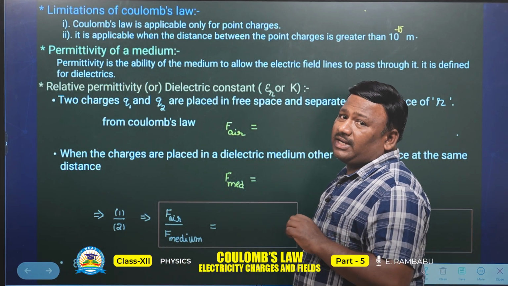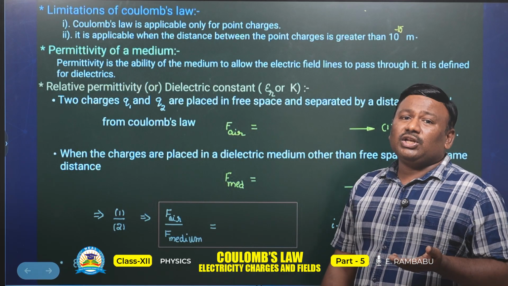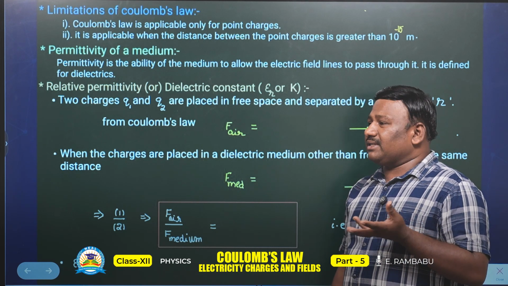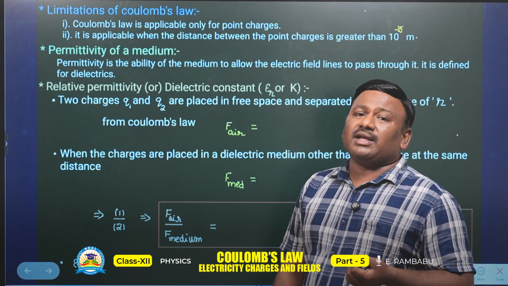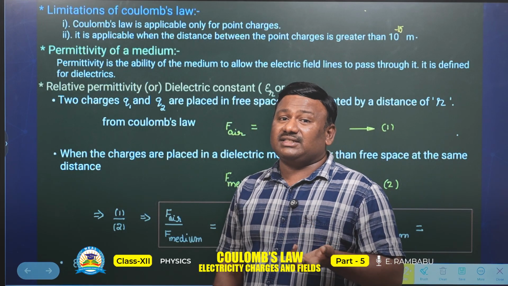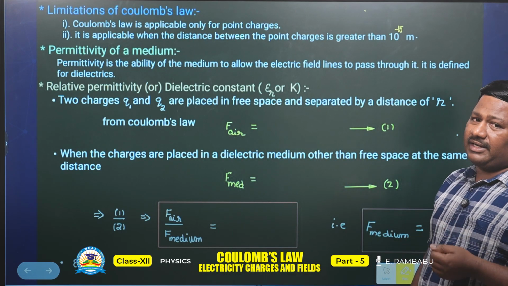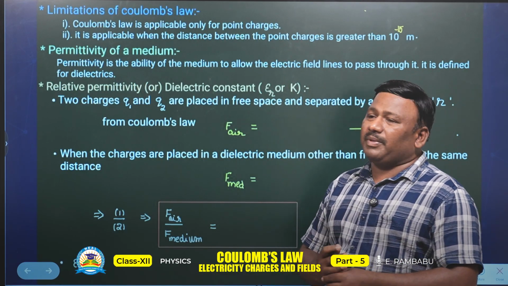You know what 10 to the power minus 15 meters is? It is the size of the nucleus. If the distance is 10 to the power minus 15 meter or 1 Fermi, nuclear forces exist between them. But whenever the distance is more than 10 to the power minus 15 meters, then only Coulomb's law can be applicable.